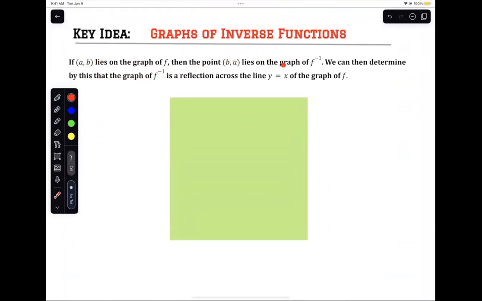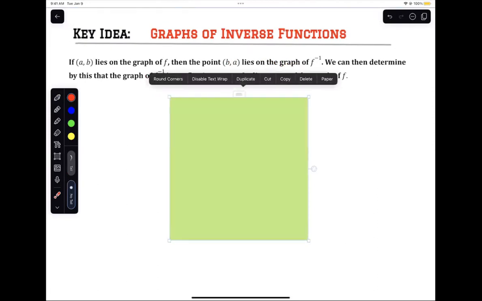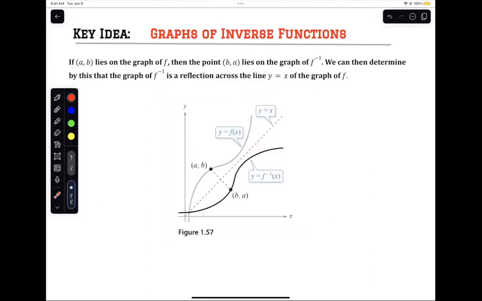So we can determine that the graph of f inverse is a reflection across the line y equals x. In other words, if this is your f of x function and this is your f inverse of x function, and we draw this diagonal line y equals x, these graphs are mirrored from each other across this diagonal line.